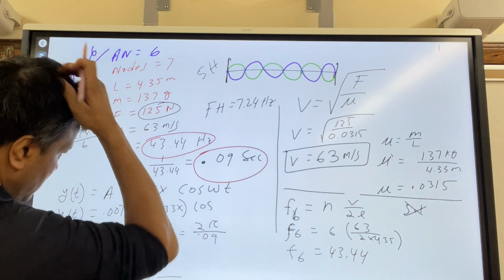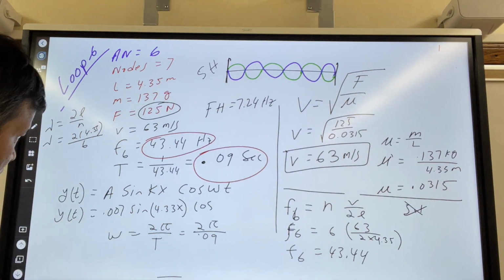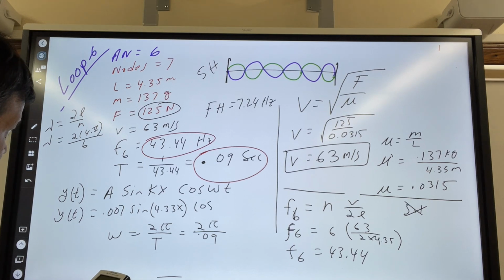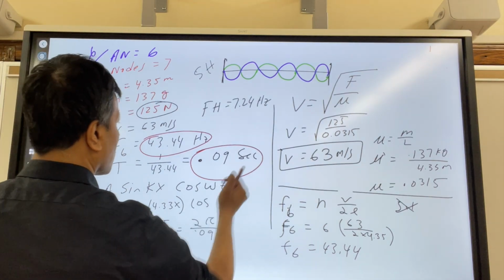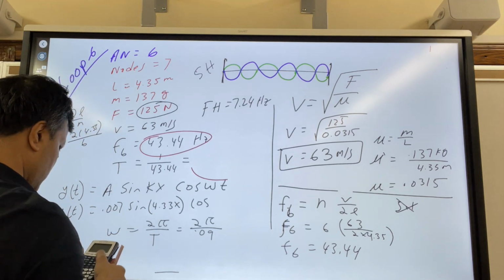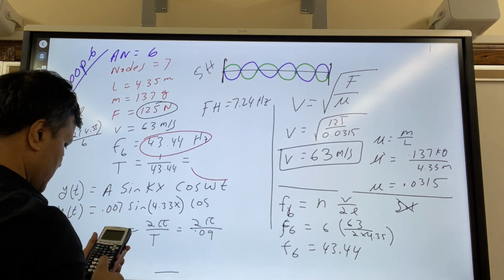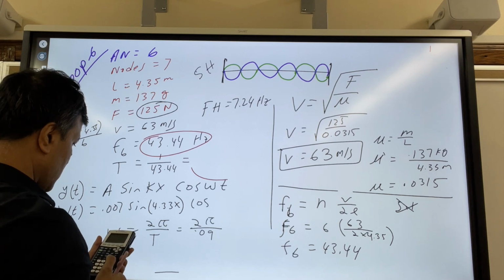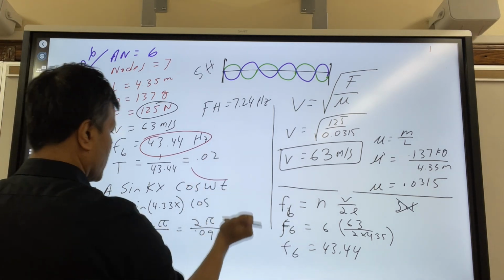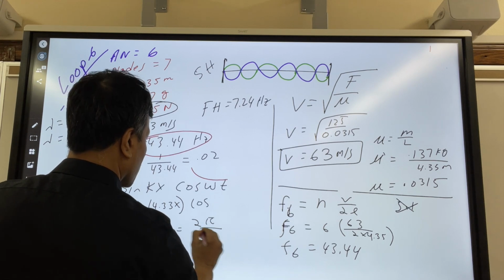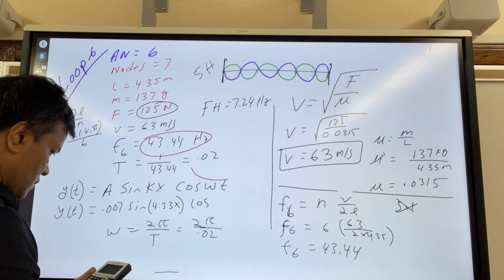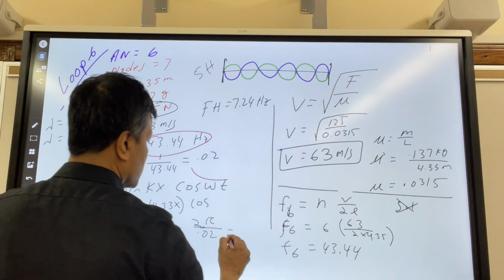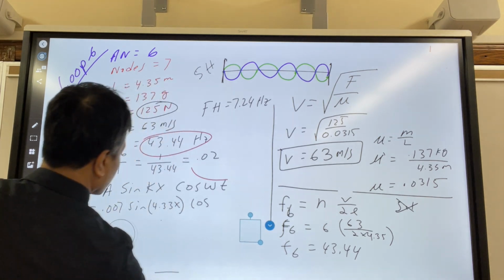Hold on, let me double check this one. 1 divided by 43.44 is 0.02. I'm sorry, this is 0.02. So 6.28 divided by 0.02 is 314. So omega is 314.